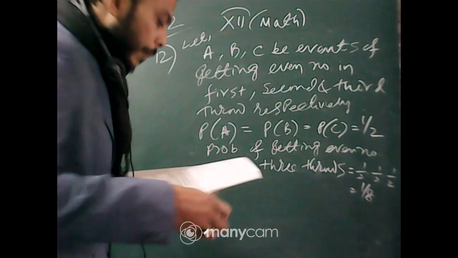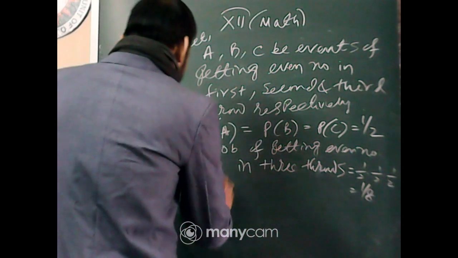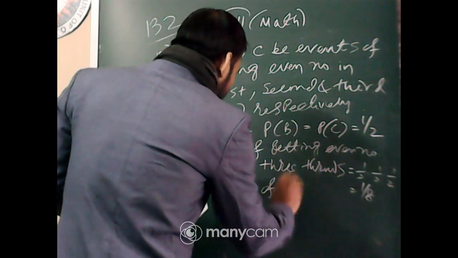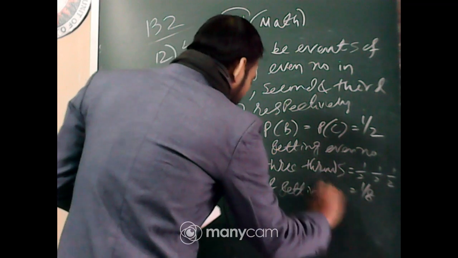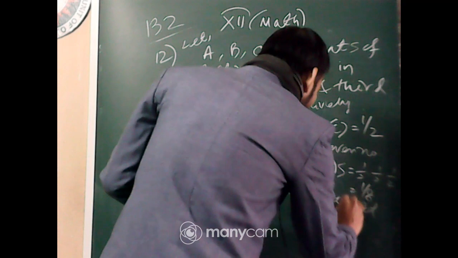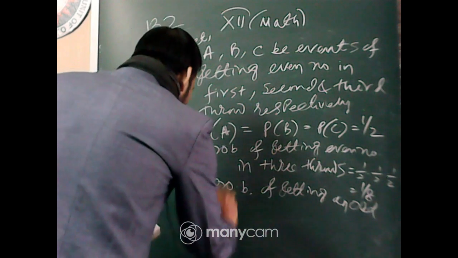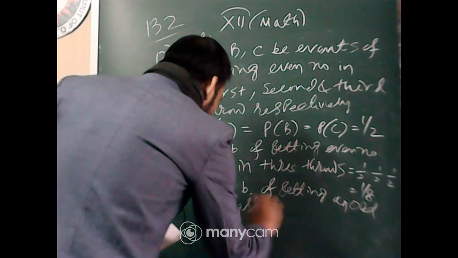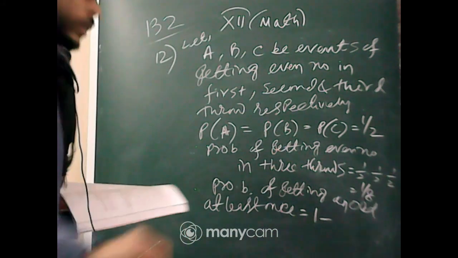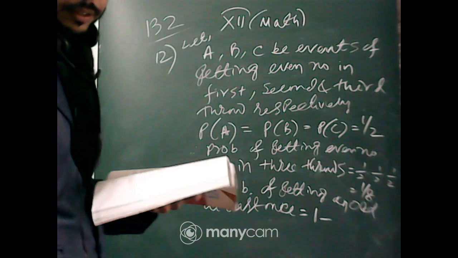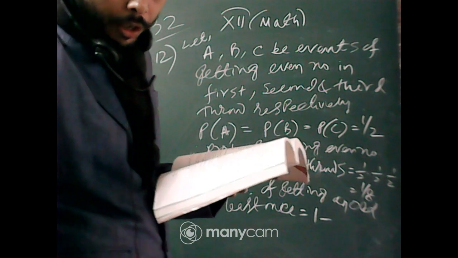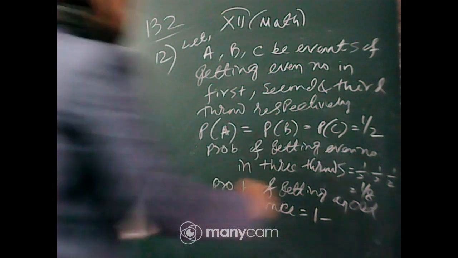So now the probability of getting an odd number at least once will be 1 minus the probability of getting an even number in 3 throws.